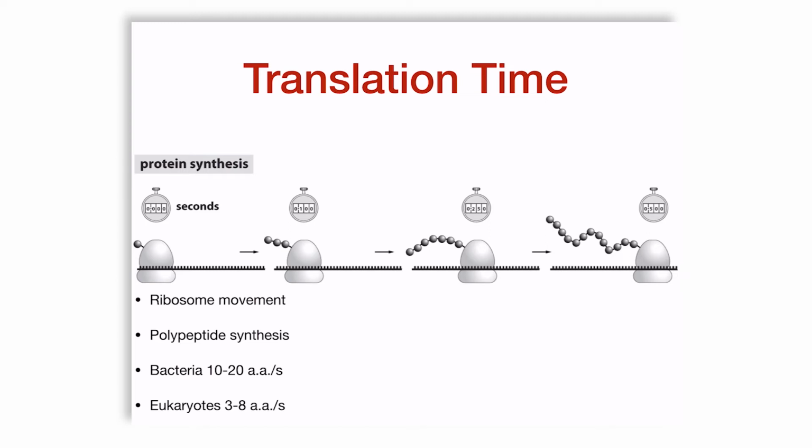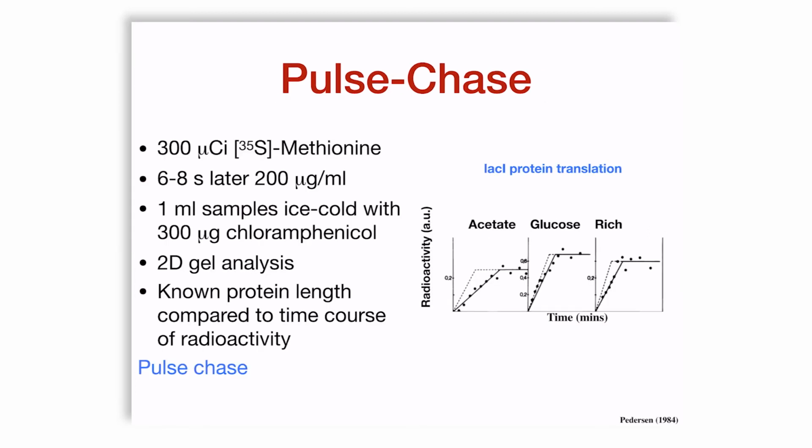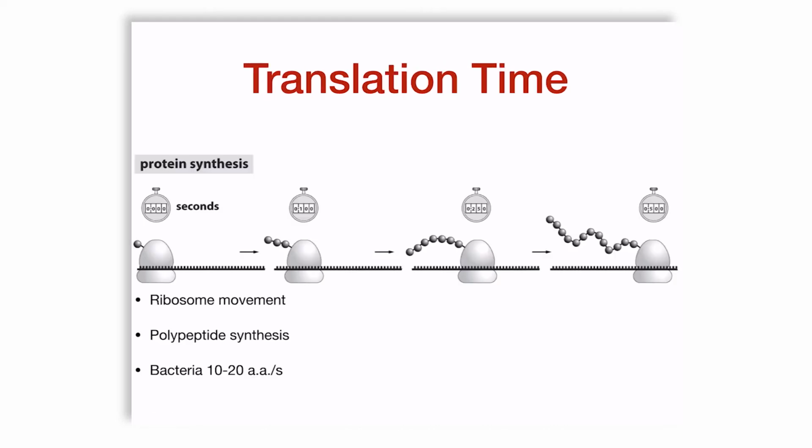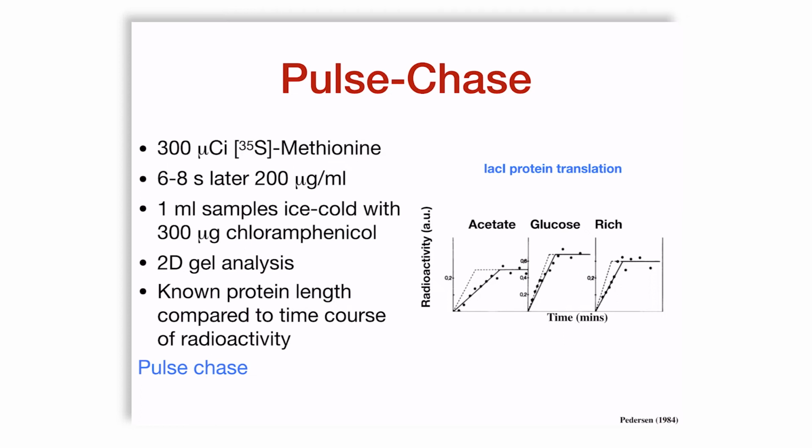For eukaryotes, it's 3 to 8 amino acids per second being added, which would mean about 100 to 200 amino acids would be added. At 10 to 20 amino acids per second, about 10 seconds are required for a full protein synthesis, at least.